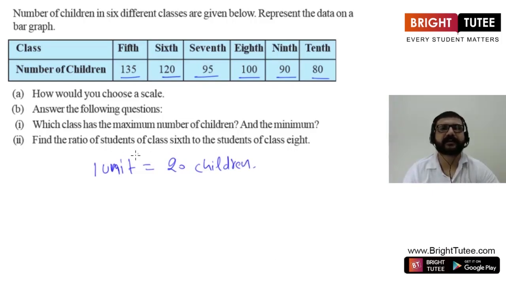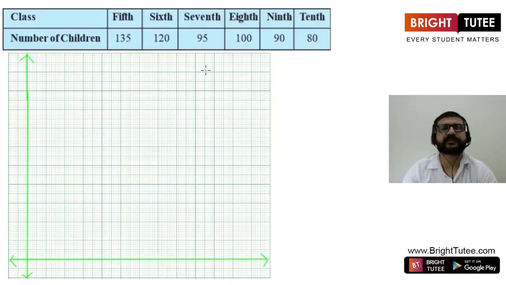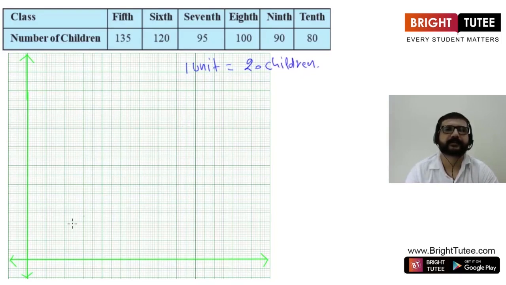Now let's draw a bar graph using this scale. As we have already chosen the scale, which is 1 unit is equal to 20 children. Now the vertical line here will be representing the number of children. So let's write it here. This is for children.